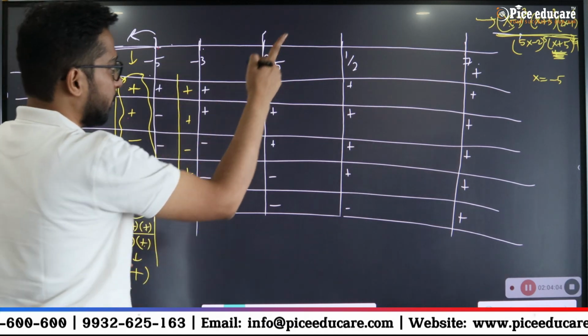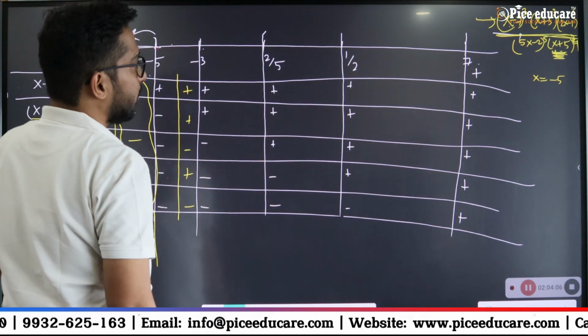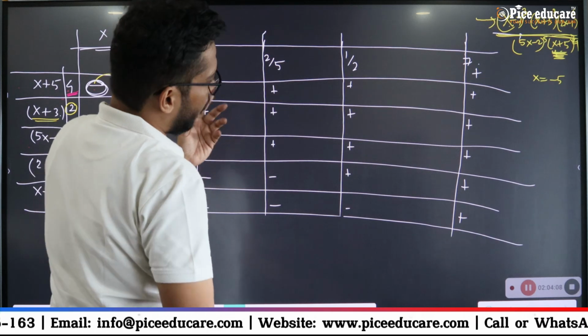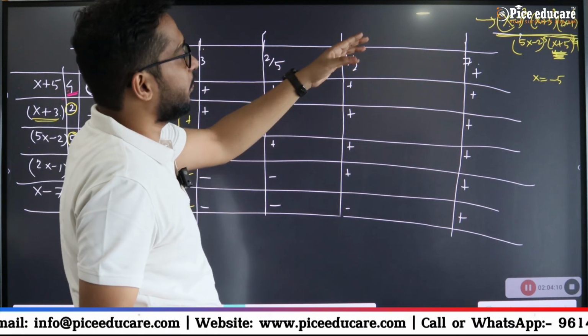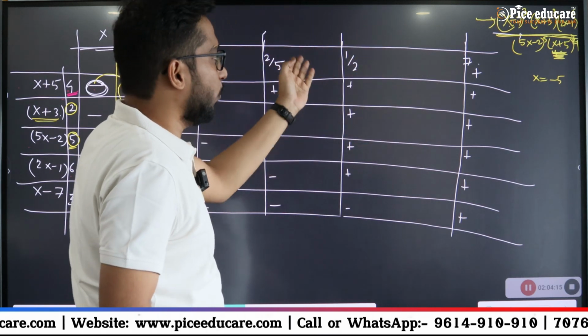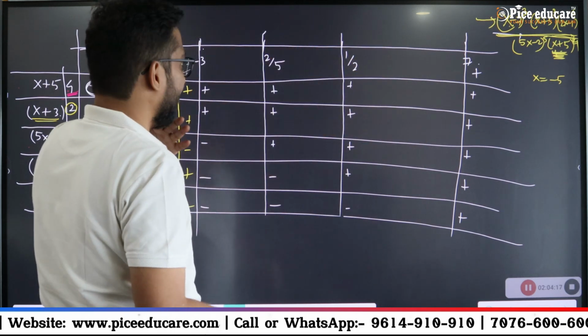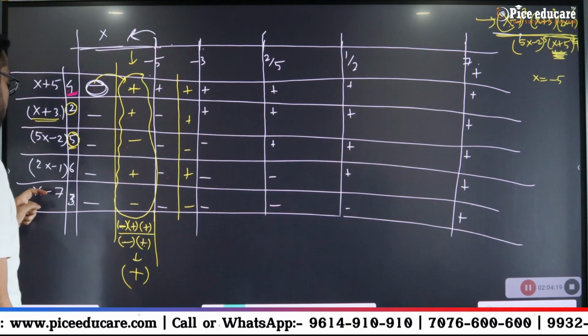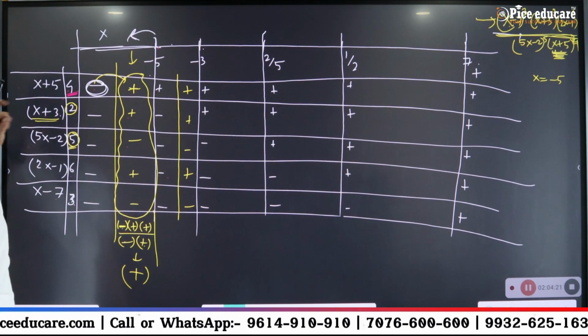Now you look at this expression. So 7, 3, you don't need to bother that the number is minus 3. You just read it like this: 7, 3, half, 2 by 5 and 5, not minus 5.